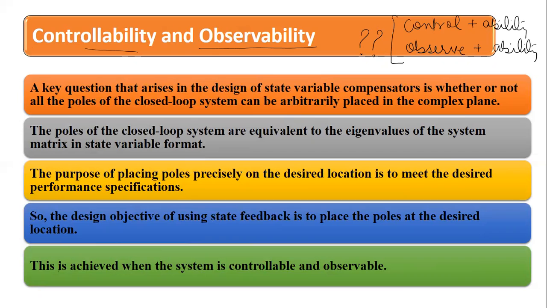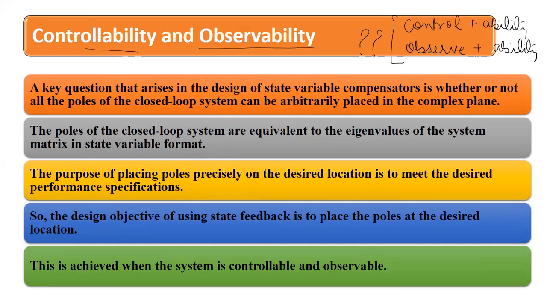So before designing the controllers or compensators using the state space approach or state variable feedback approach, our first objective is to know whether the system we are dealing with is controllable and observable or not, right? Now, how to know whether the system is controllable or not, that is the next thing that we will discuss.